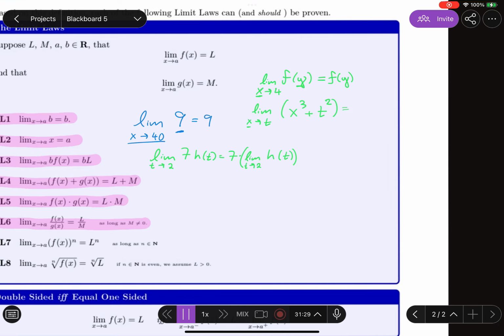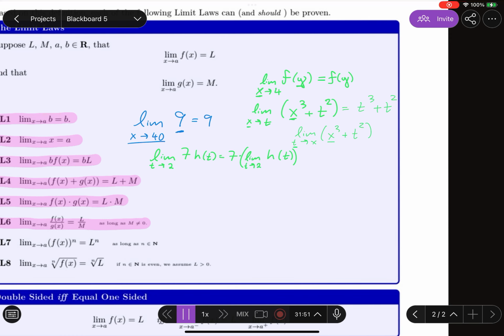The thing that's moving is x. So this x is going to approach t, giving me t cubed plus t squared. Whereas if I had the limit as t approaches x of x cubed plus t squared, the thing that's moving is the t. So this x cubed, treat it like a constant, like a number.